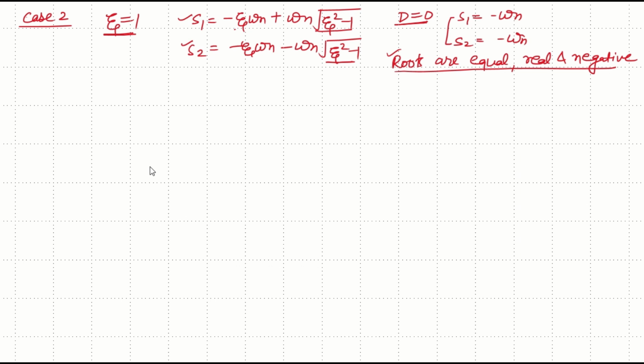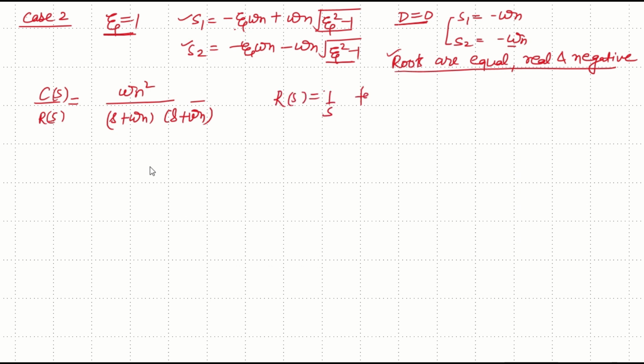Now in this case, the value of output on input comes out to be omega n square divided by, since both the roots are minus omega n and minus omega n, we can write s plus omega n, s plus omega n, and for the unit step signal, the value of Rs is 1 by s again.